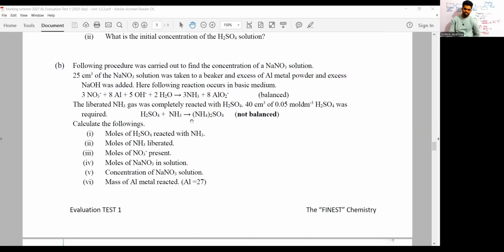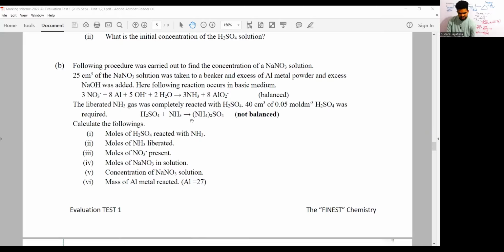So 40 cubic centimeters of 0.05 H2SO4 was required. And you can start the question by balancing this equation between H2SO4 and ammonia. Then find the moles of H2SO4. Then go to the moles of ammonia. Moles of ammonia will be 2 times the H2SO4 moles. You have been guided by the way the question is asked.